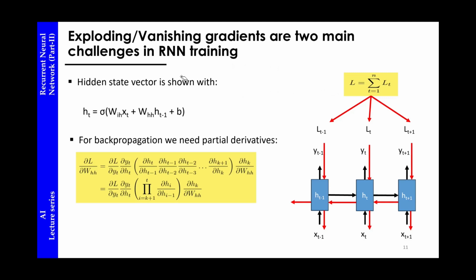about the mathematical insights, you remember this fraction from a previous slide, and this bracket that was shown with the gray box. This bracket, in fact, is a Jacobi matrix, and to calculate this bracket we need a functionality between ht and ht minus 1.